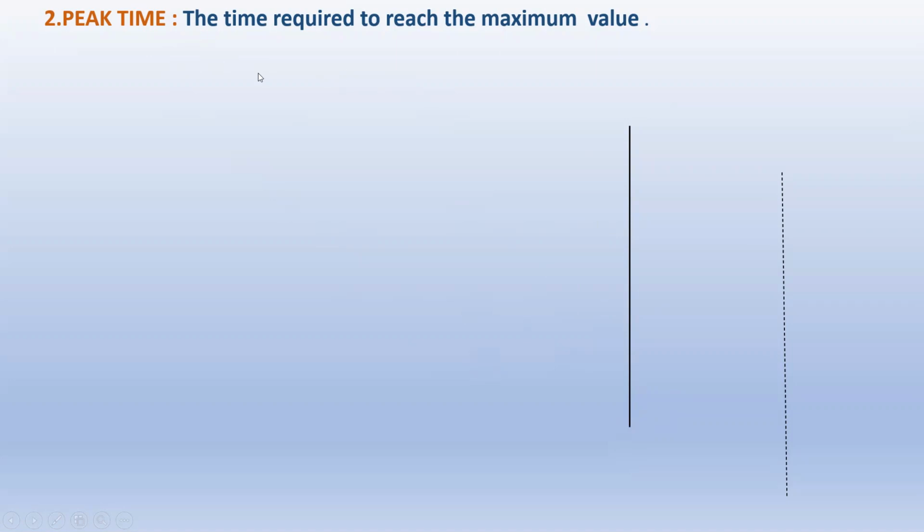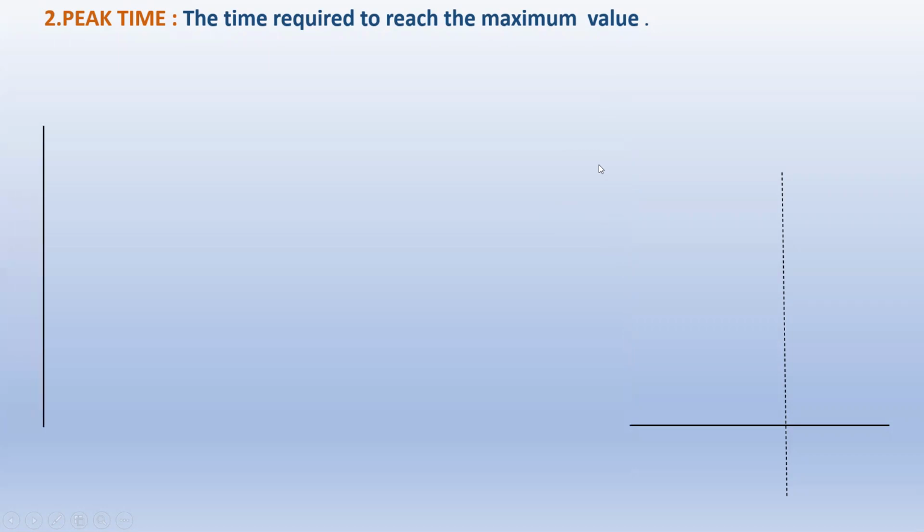So let us see what peak time is according to the graph. Here we have the time axis, and we have the amplitude axis, which is the C of t axis. This is the steady state value, which is the input we are giving to the second order system, which is nothing but u of t.